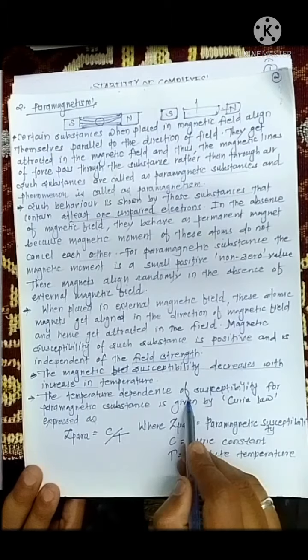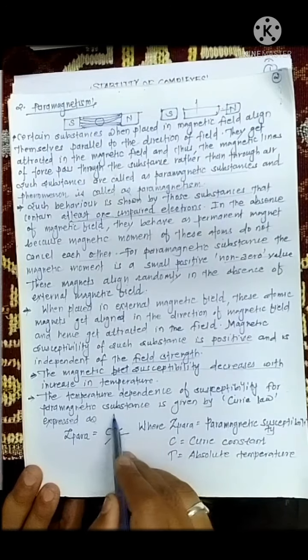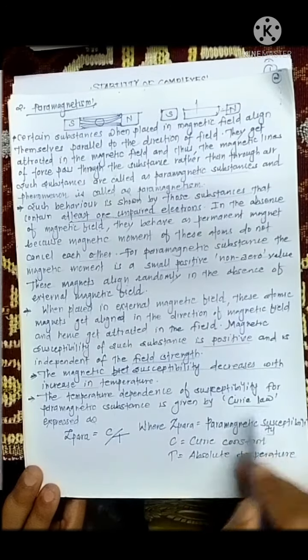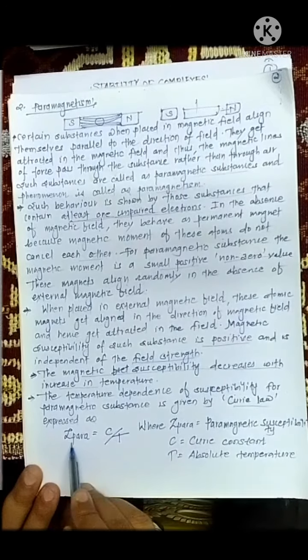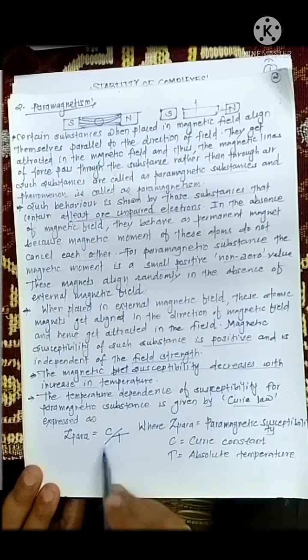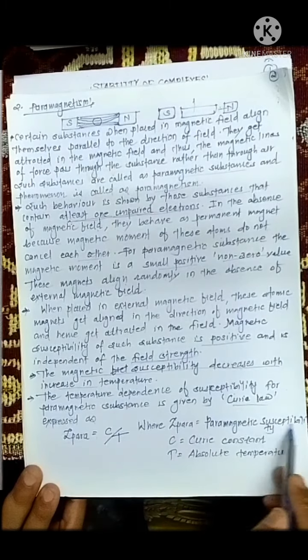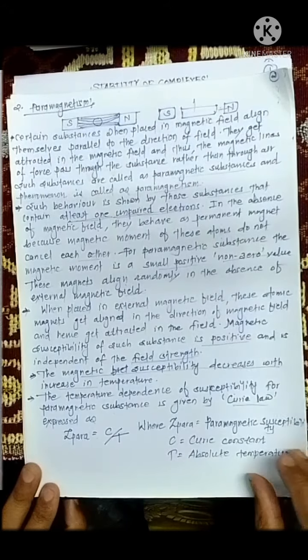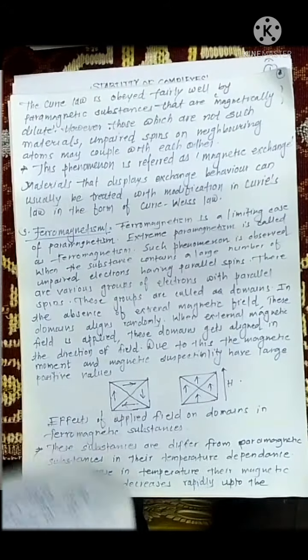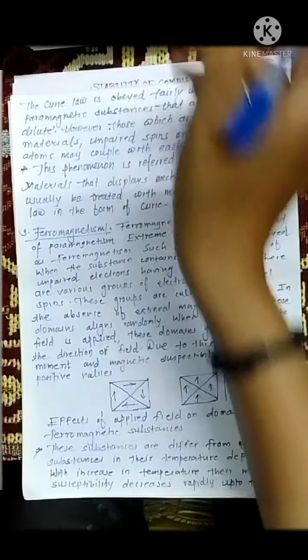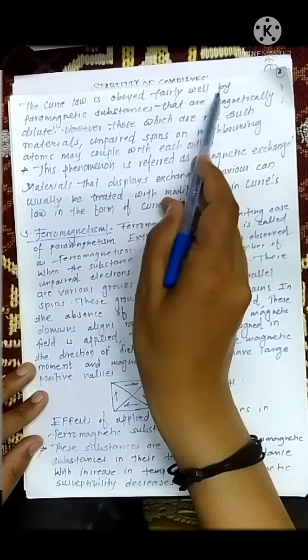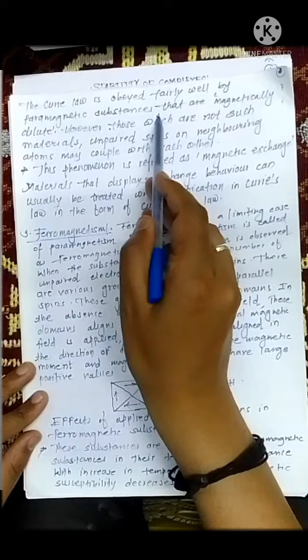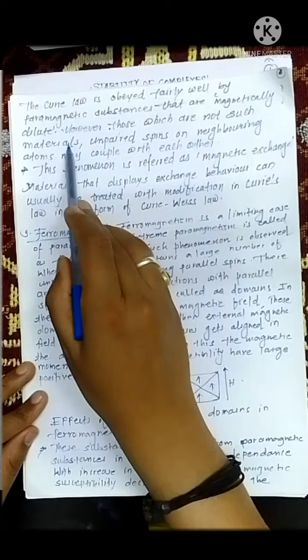The temperature dependence of susceptibility for a paramagnetic substance is given by Curie's law, and it is expressed as chi para is equal to C by T, where chi para is paramagnetic susceptibility, C is the Curie constant and T is absolute temperature. Curie's law is obeyed fairly well by paramagnetic substances that are magnetically dilute.